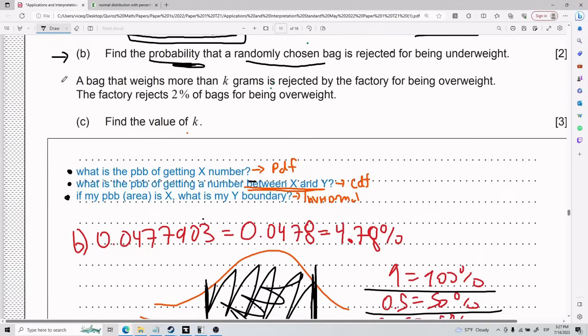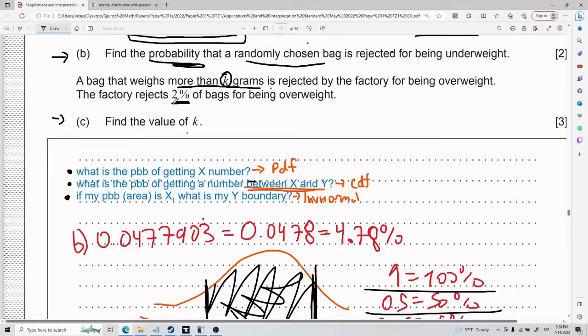For part C, we have that a bag that weighs more than k grams is rejected by the factory for being overweight. The factory rejects 2% of bags for being overweight, and we need to find the value of k. Interesting. Here we have the area.